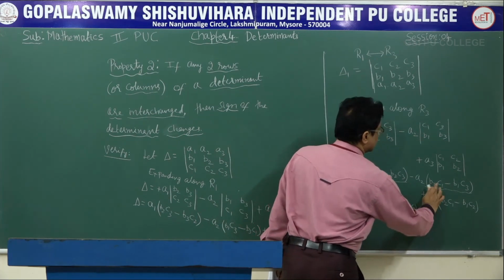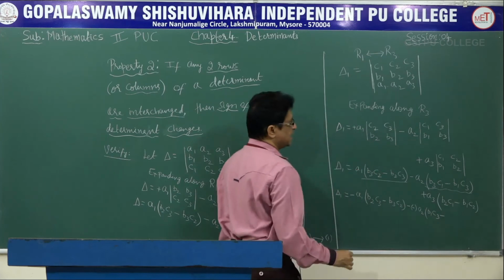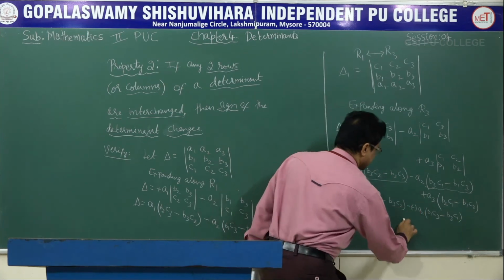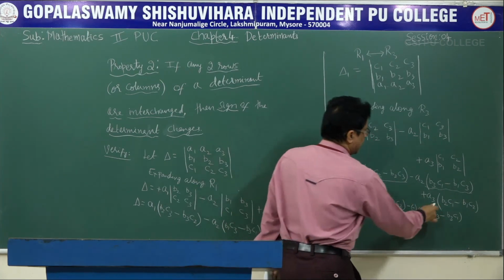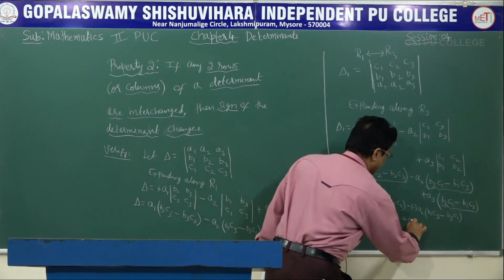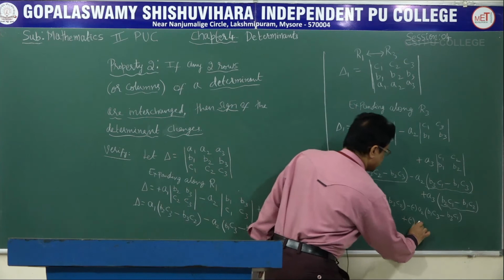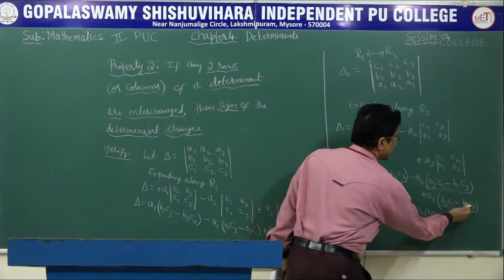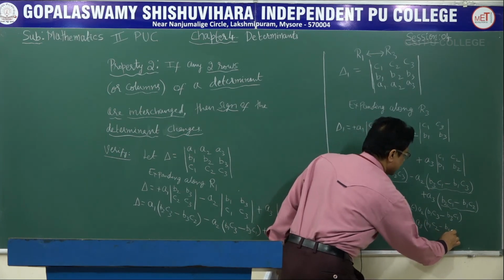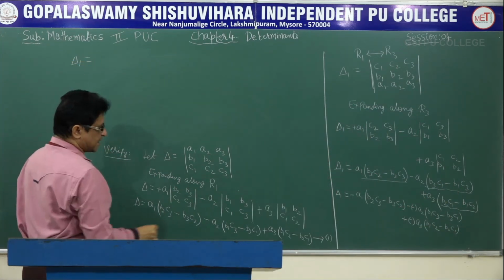Here also these two terms interchange, that is B1 C3 minus B3 C1. Next, plus, here also we take minus common. So A3 into, we interchange these two elements, B1 C2 minus B2 C1.